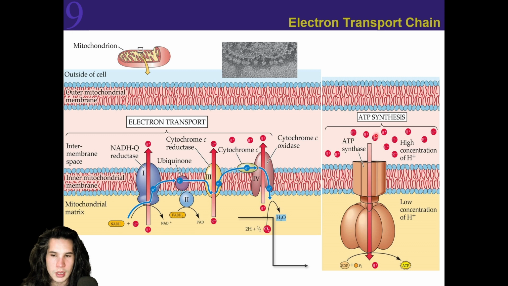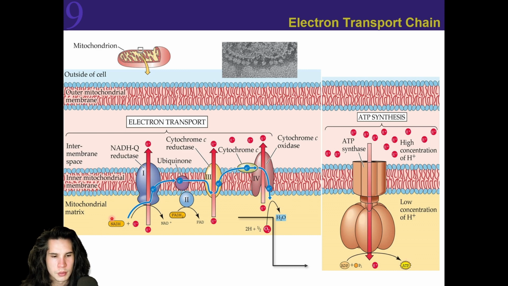So now you're allowing this hydrogen storage over here to dissipate, to move down its concentration gradient. And when it moves down its concentration gradient, that's a form of kinetic energy. So that kinetic energy physically churns your enzyme to allow it to fuse together ADP and inorganic phosphate to create ATP.